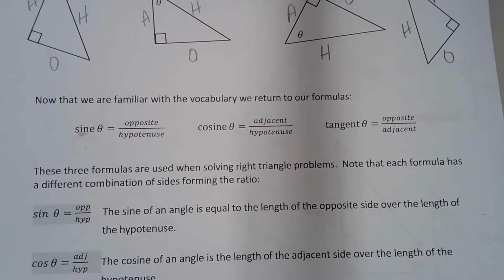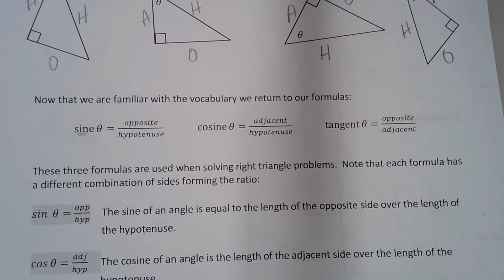Sine is the ratio. How many sides do you need at a time in each formula? Two. You're trying to find opposite over hypotenuse. Only two sides.